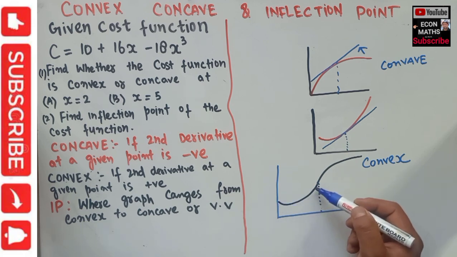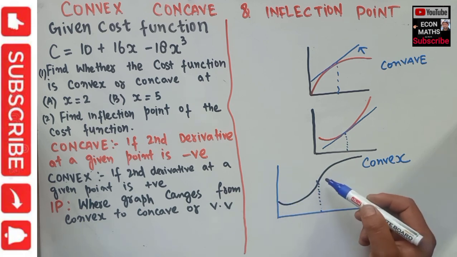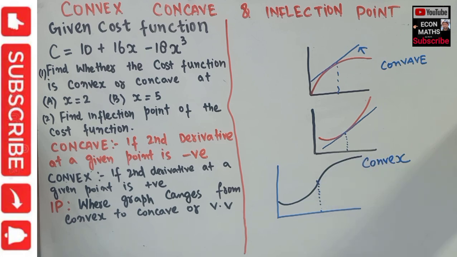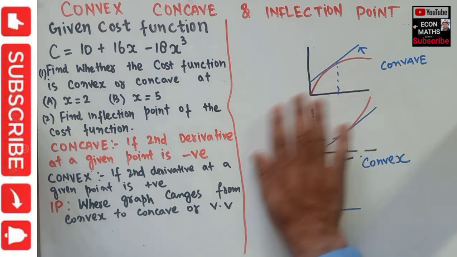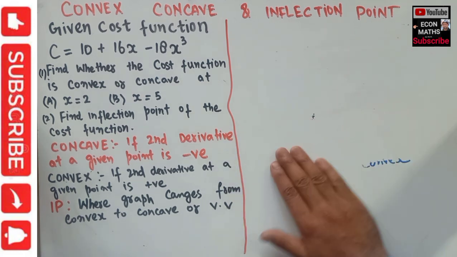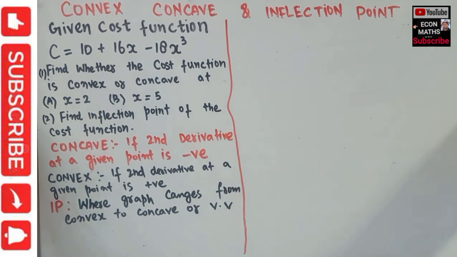If it is convex here, from this point it changes to concave, or if it is concave here, from this point it changes to convex. An inflection point is where the graph changes from convex to concave or vice versa. Simple thing. Now let's come to the question, and I will try to draw the graph.